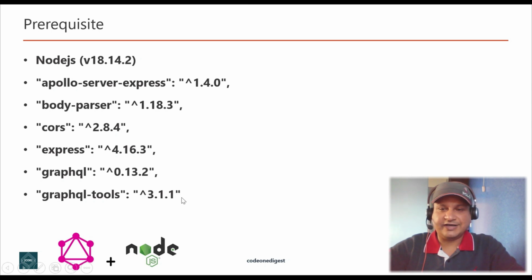If you install the latest versions, then the code I am showing you may not work because different versions of these libraries may have different functions and methods. So it is good to stick to these versions so that you are able to work smoothly with this demo.